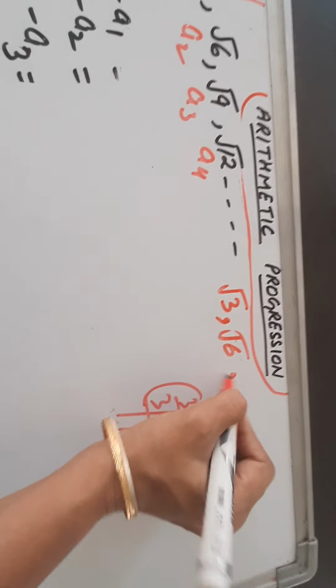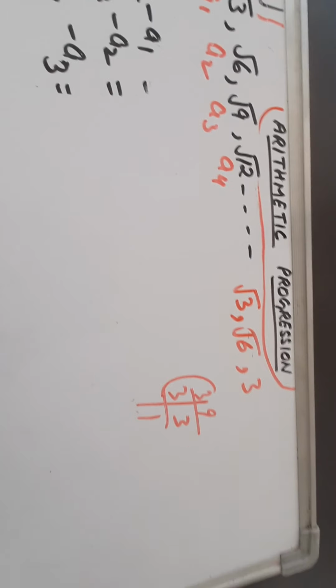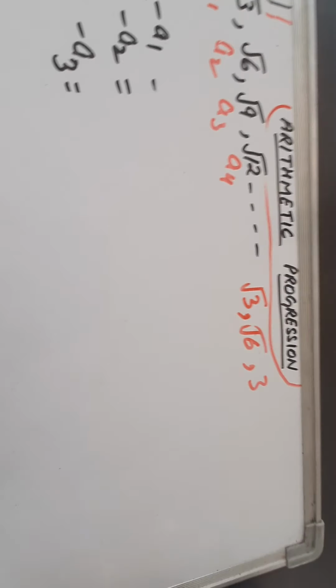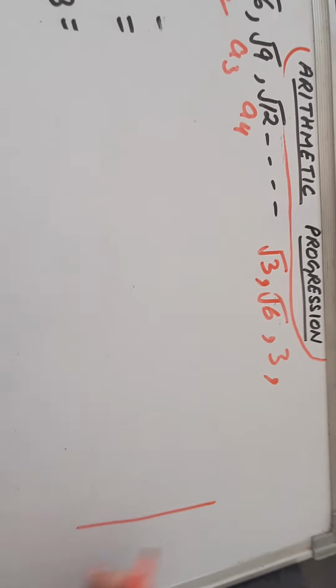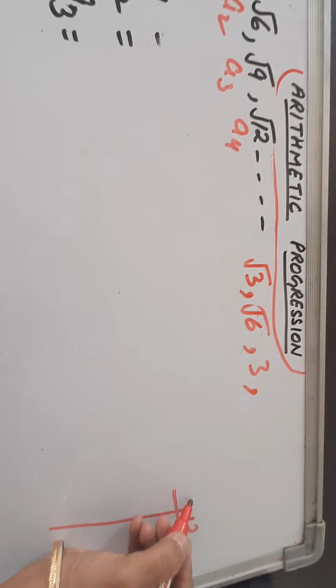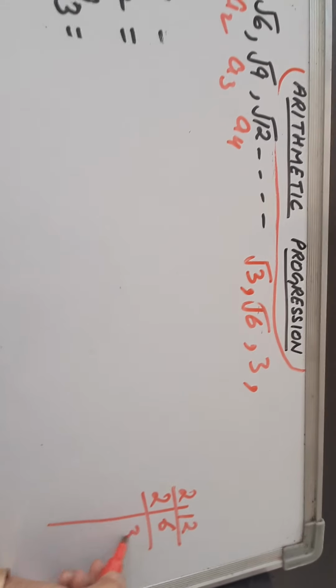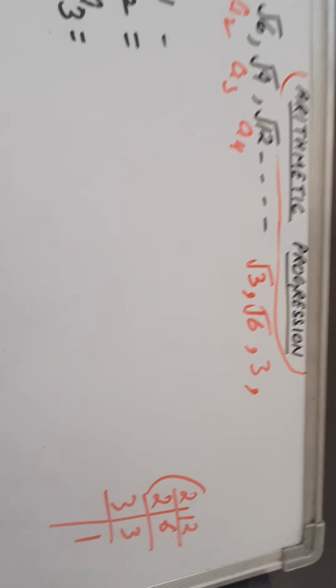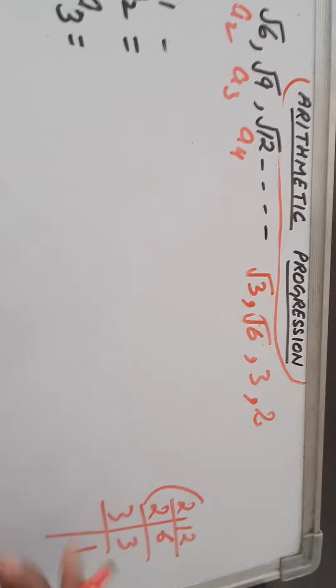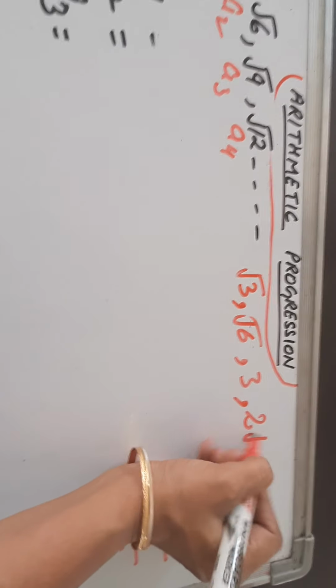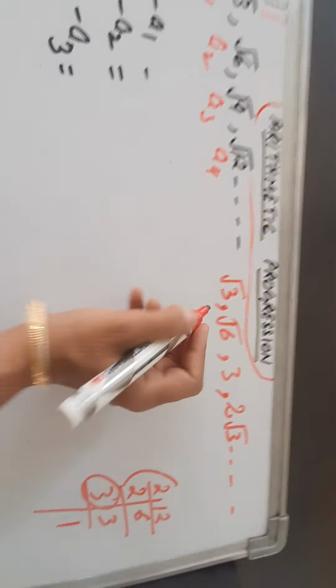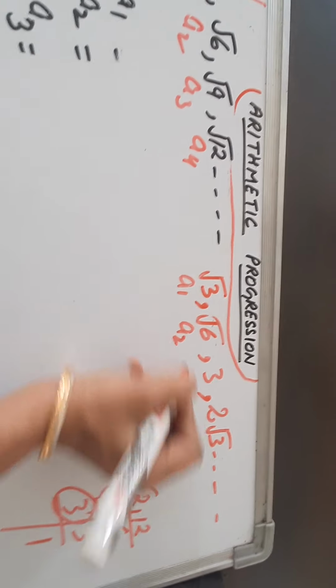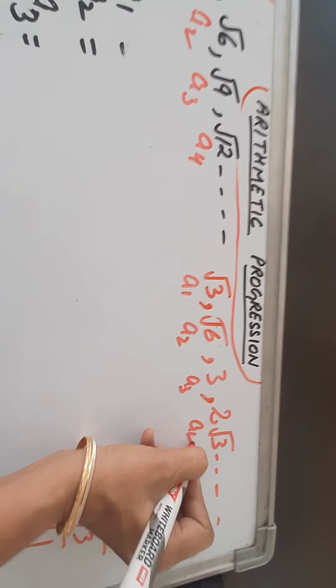This is paired, means root 9 can be written as 3. And then we have root 12. 2 6s are 12, 2 3s are 6, 3 1s are 3. A pair of 2 is there, we'll take it out, and this is left unpaired, we'll keep it inside. So in this way we'll get new terms of the list of numbers given to us.